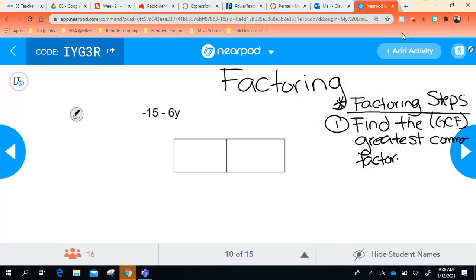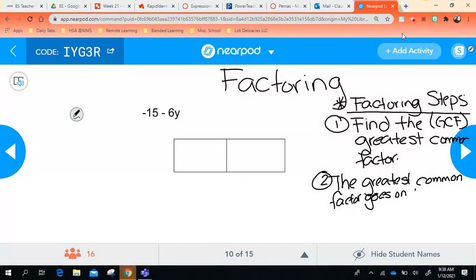Okay, because I know that this is important, my second step says this: the greatest common factor goes on the outside left of my box.